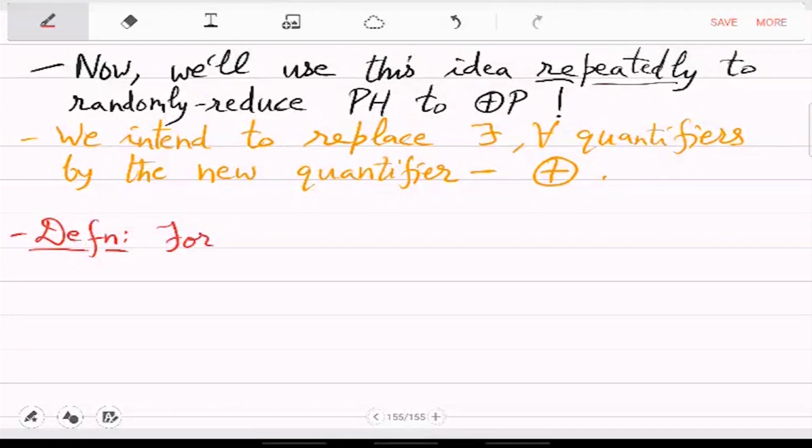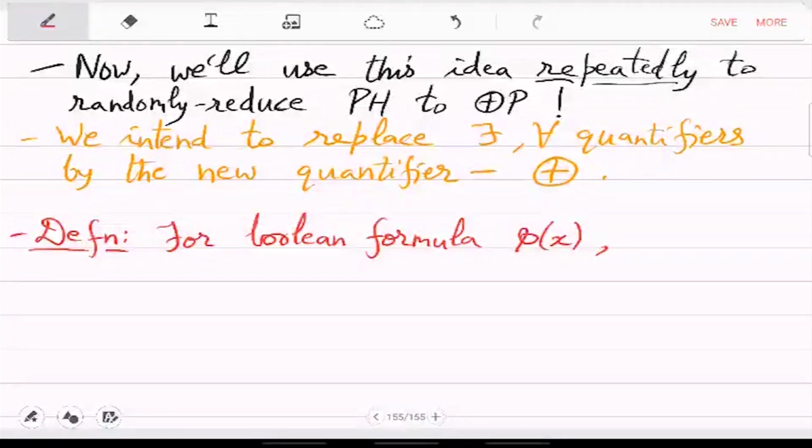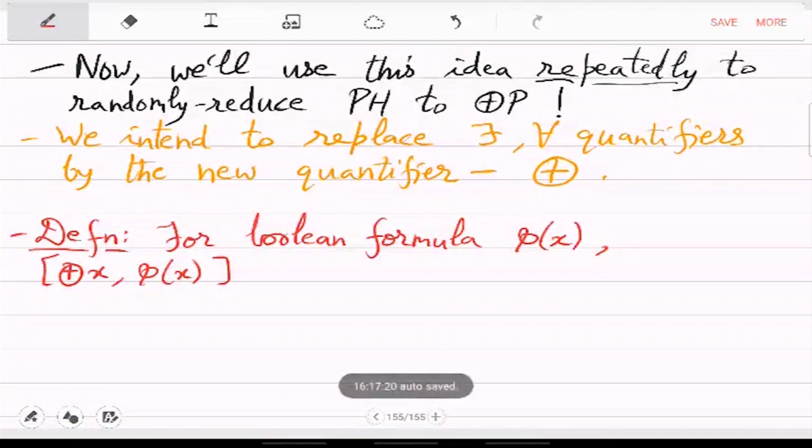So for a Boolean formula phi x, the expression parity x comma phi x, so we are not saying for all x phi x or there exist x phi x, we are saying parity x phi x.